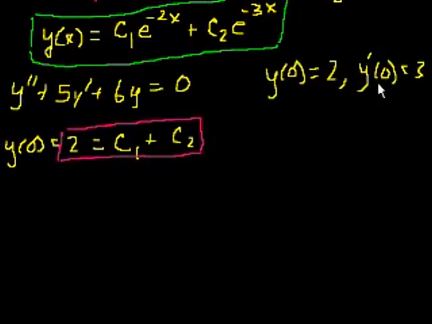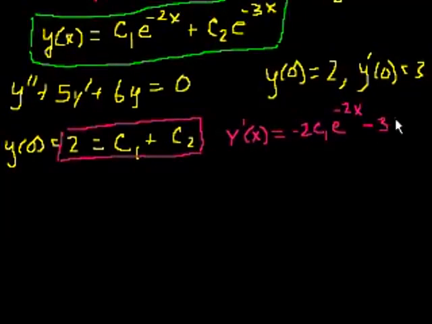Now let's apply our second initial condition that tells us the slope at x equal to 0. So y prime of 0. This is our general solution, so let's take its derivative. y prime of x is equal to -2 c1 times e to the -2x, and the derivative of the second term is -3 c2 times e to the -3x.